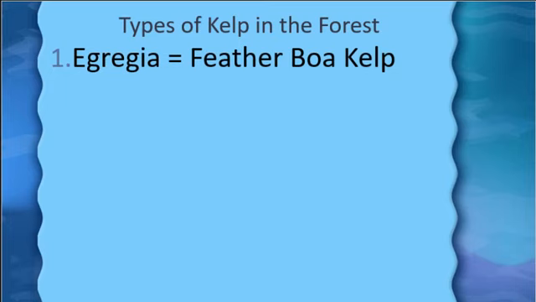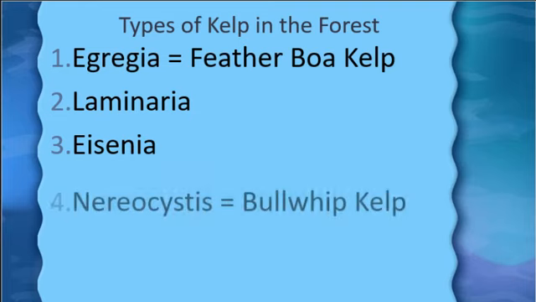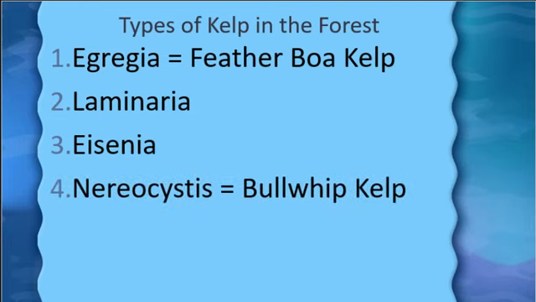And remember that map I showed you, it actually had some of those names on there, right? Laminaria. I think it had it up on our east coast. Number 3, however you want to pronounce that, Eisenia. Nerocystis, this is definitely one we have in America. It's also known as bullwhip kelp. Calliarthron.